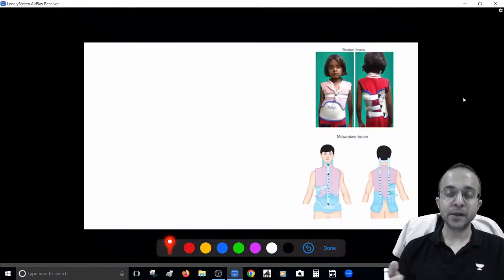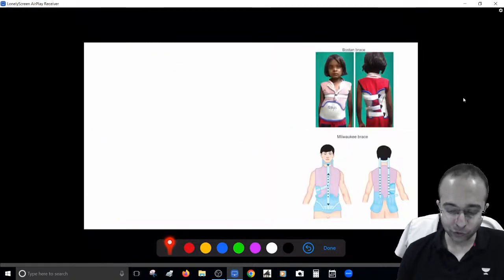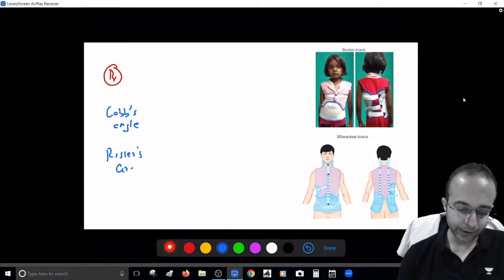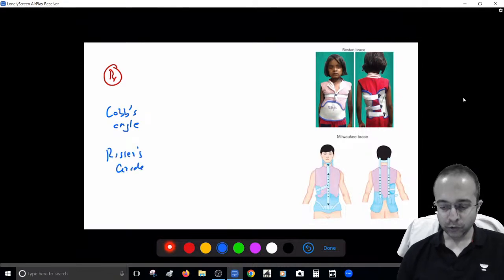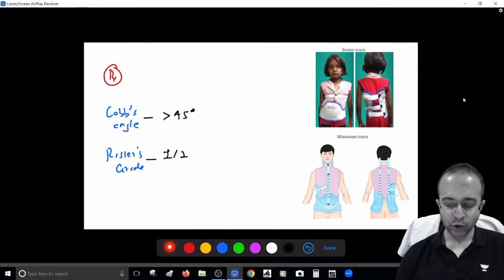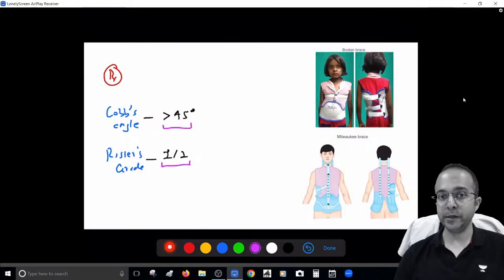In fact, this is how we decide the treatment in scoliosis. In scoliosis, I check two things in my patient. What is the Cobb's angle? And what is the Risser's grade? Now when I find the Cobb's angle is more than 45 degrees, meaning it is high, and the Risser's grade is low, say 1 or 2, this tells me it's a severe disease and the chances of progression are very high.